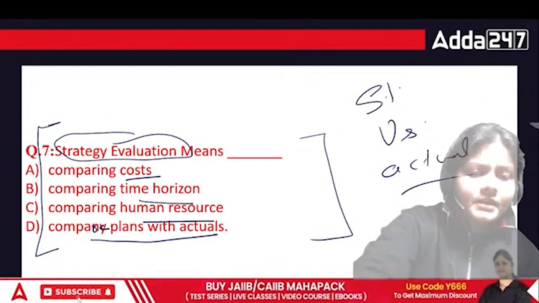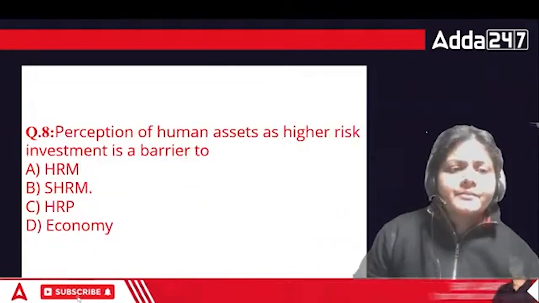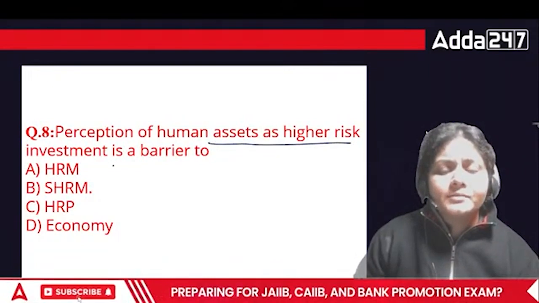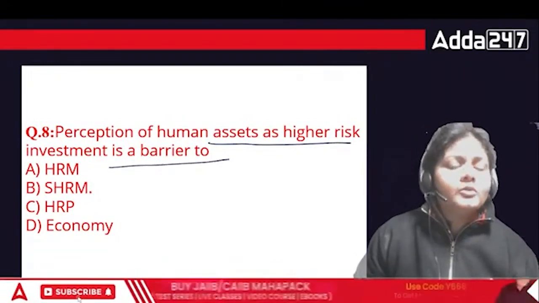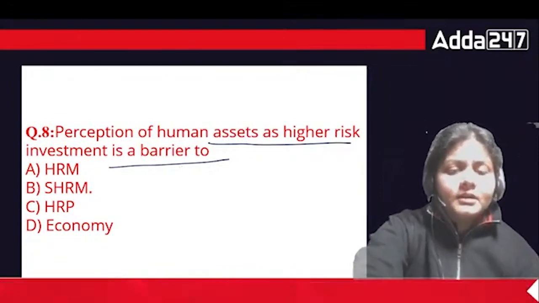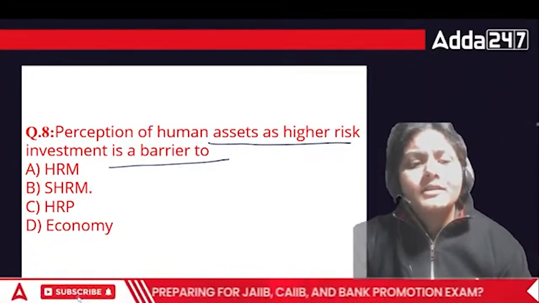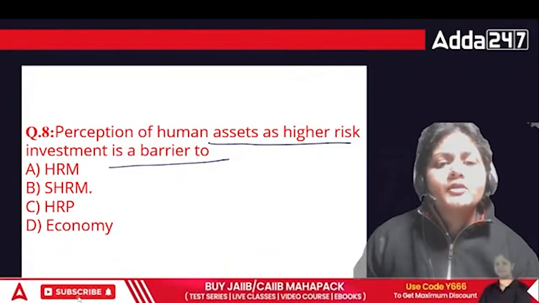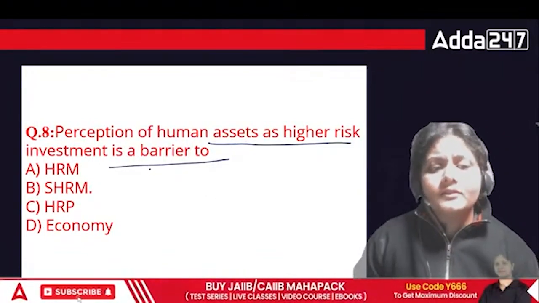The next question is, perception of human asset as higher risk investment is a barrier to HRM, SHRM, HRP or economy, right? So what is a perception of human asset as higher risk investment?